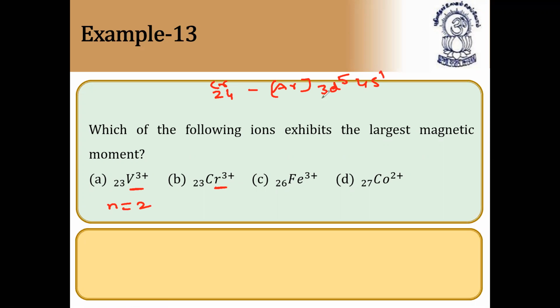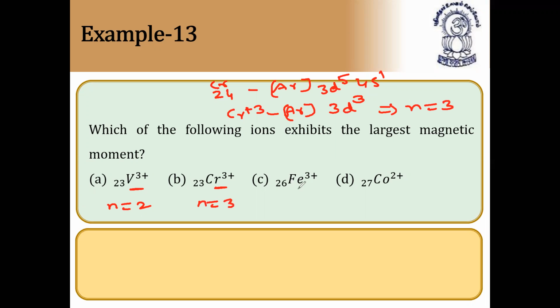Out of which 3 electrons are removed, so it becomes argon 3d3, because 1 is removed from s and 2 from d. So n is equal to 3. So second option, n is equal to 3.